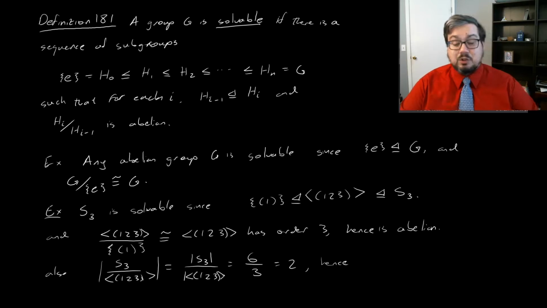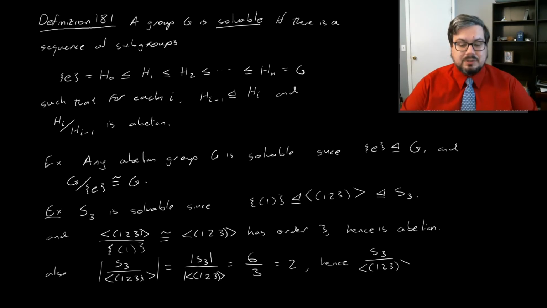And again, there's only one group of order 2, and it's abelian. So that means that S3 mod the group generated by the cycle (1 2 3) is abelian. So this shows that the symmetric group on 3 elements is solvable.